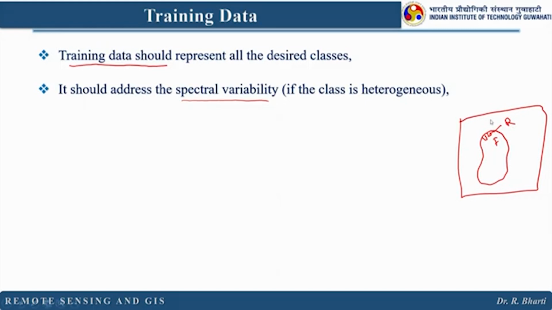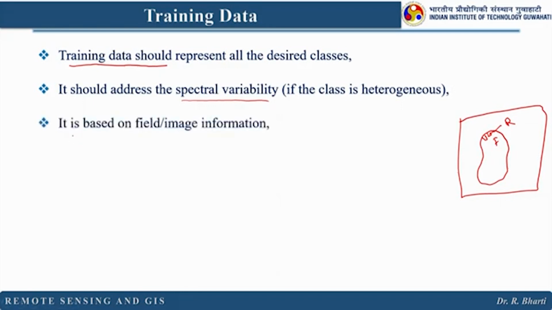Why are they so? Because of their chlorophyll content and other properties. So if you want to classify the image into forest and non-forest, then you should collect all the variability of the pixels belonging to this forest class. Then only your image classification will be good, right?